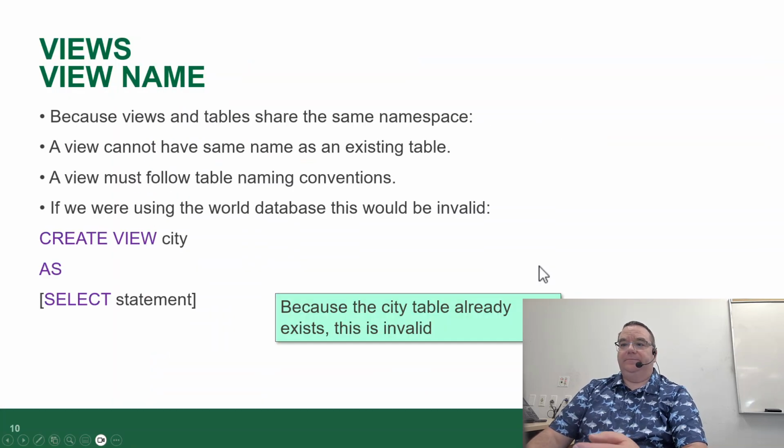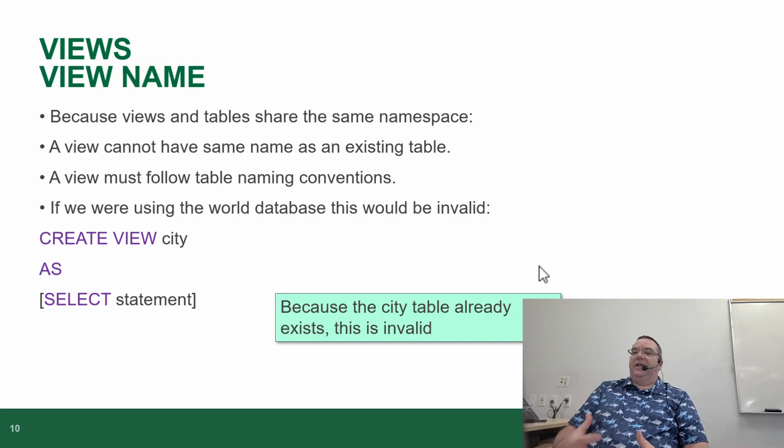Okay, so when you name a view, you have to be careful when you name it because it shares the same namespace. In other words, views and tables share the same scope. You guys learned about scope yet? No, not namespaces, but scoping.